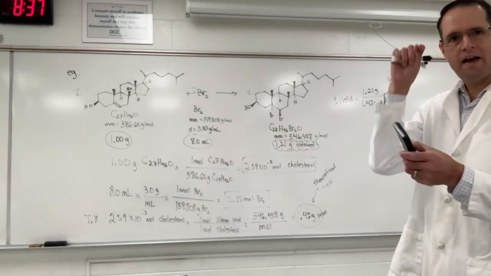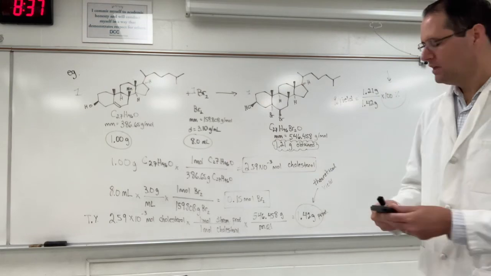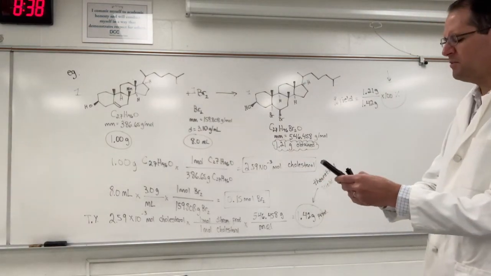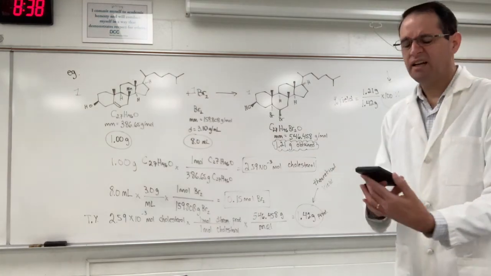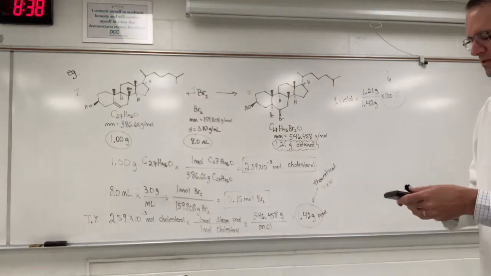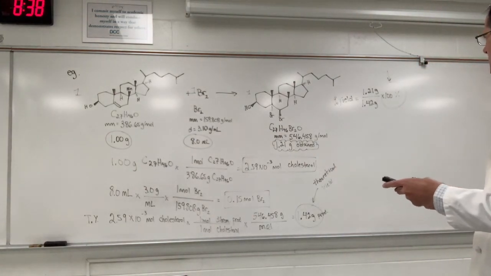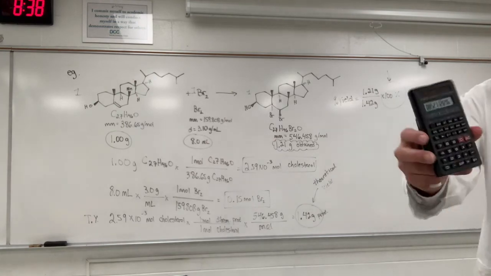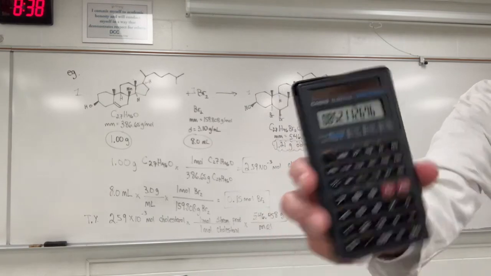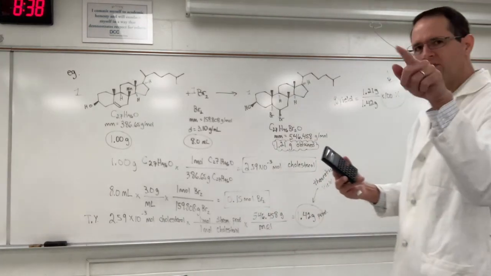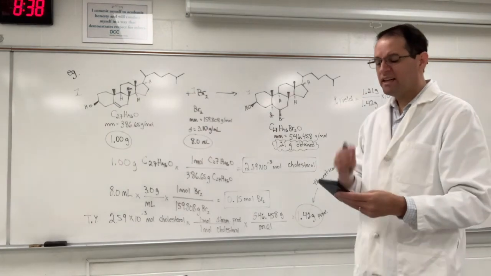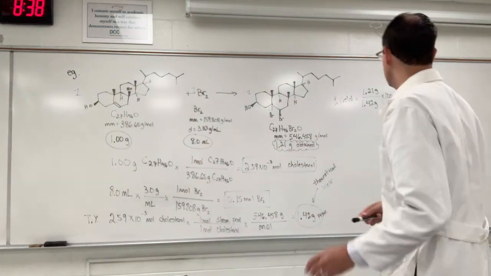It's easy to do that by multiplying by 100. So you take 1.21, divide by 1.42, and I get 0.85 on my calculator. So you want to move the decimal place over 2 places. Just multiply by 100, and I get 85.2%.